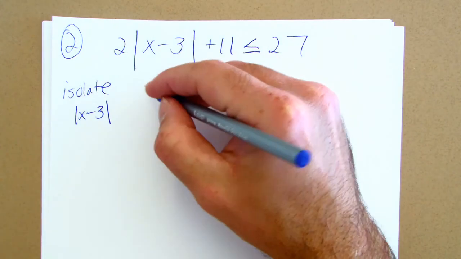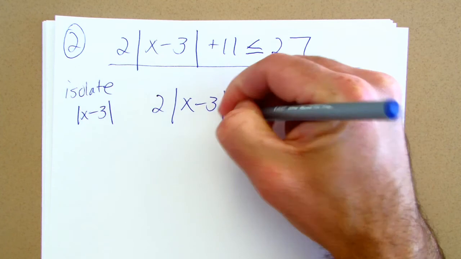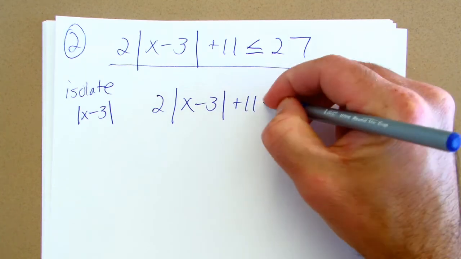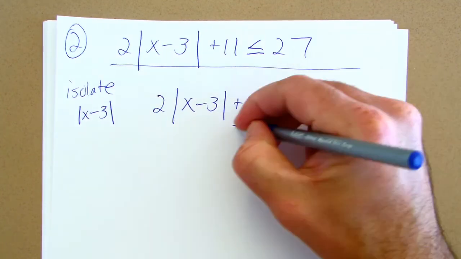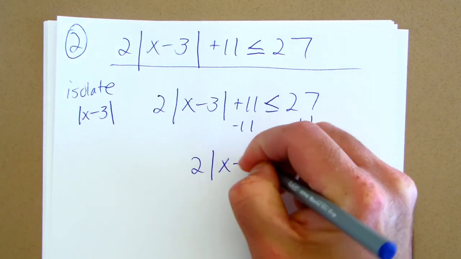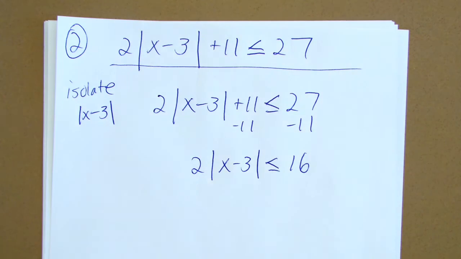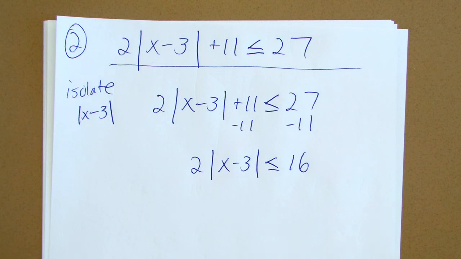To do that, I'm going to subtract 11 from the left and from the right. So I get 2 times the absolute value of x minus 3 is less than or equal to 16.